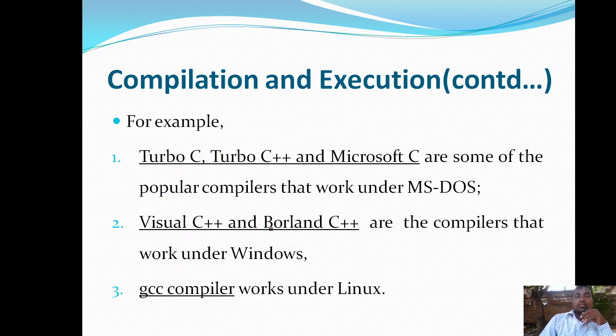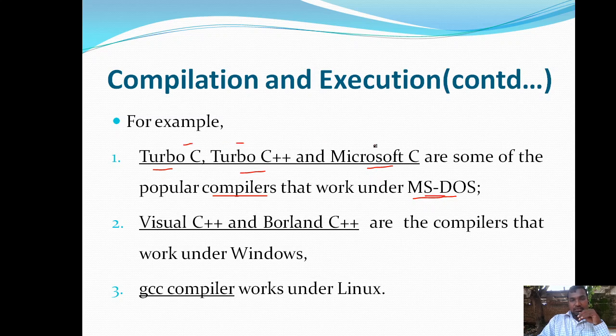Here are several example softwares that are available. Turbo C++ and Microsoft C are the most popular compilers that work under MS-DOS. MS-DOS is an operating system, and in most Windows versions it is inbuilt, so you can use any one of these software in your Windows operating system.